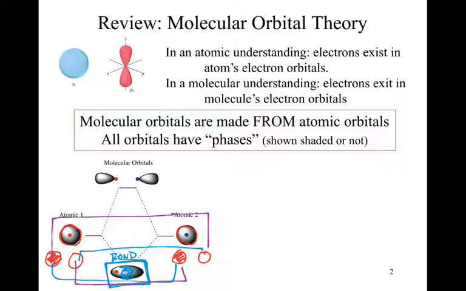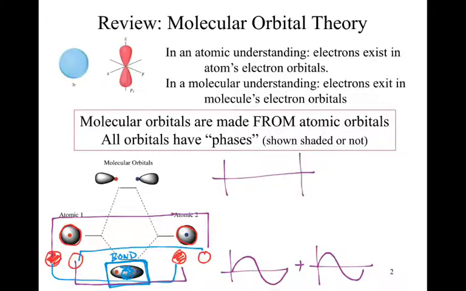So in our bonding situation, we have one sign versus another sign where there's our origin. So when we add those signals together, they constructively interfere and we get a larger signal. But what happens if the phases are out of alignment? Let's just say we had that system, and then in the next one, we had this system.